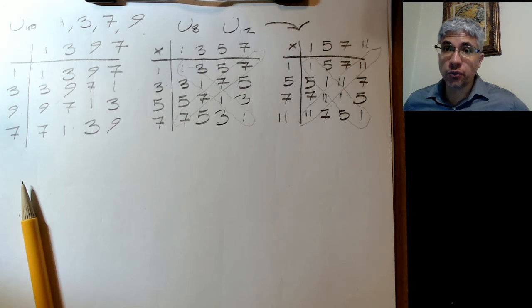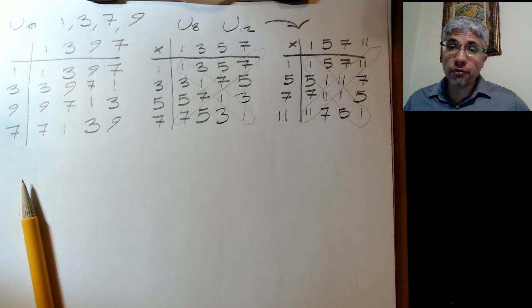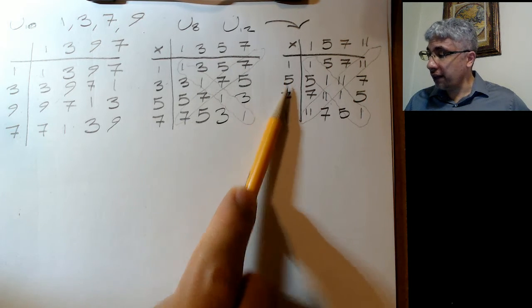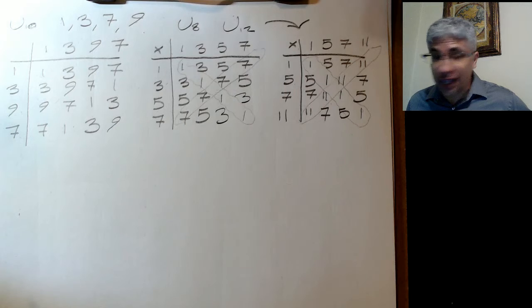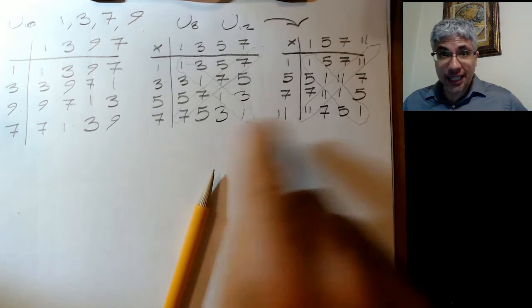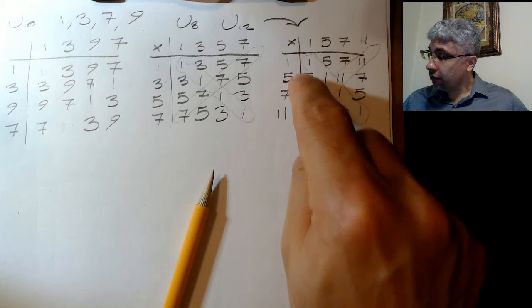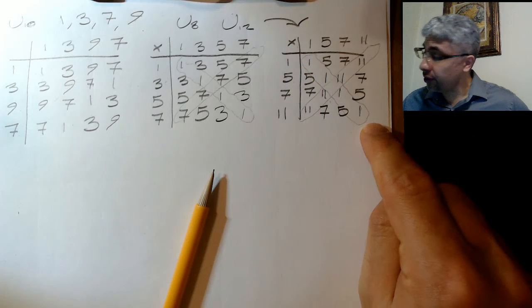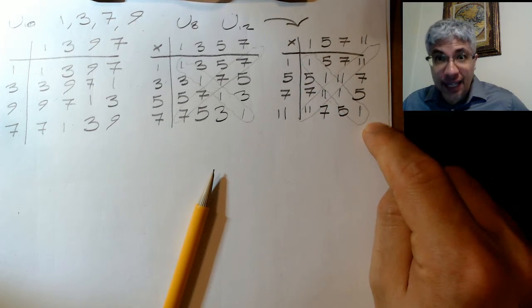The other diagonal would not go away because in this situation, every element is its own inverse. The inverse of 1 is 1, 5 is 5, 7 is 7, and 11 is 11. No matter how I reorder these numbers, I'm going to get 1, 5, 7, and 11. Each one is their own inverse, so each one is going to have the identity down this main diagonal.